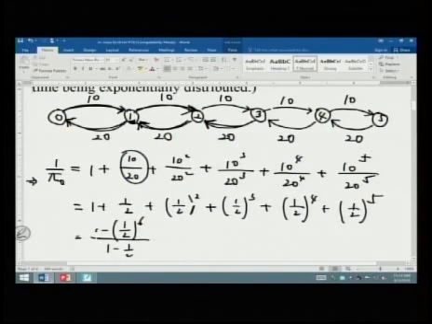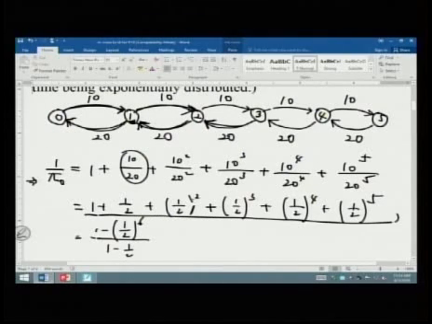Is that right? Maybe? I cannot remember exactly, but anyhow, could you give me the value for this? What is this?